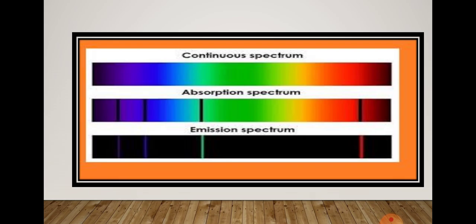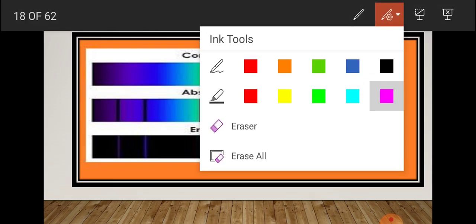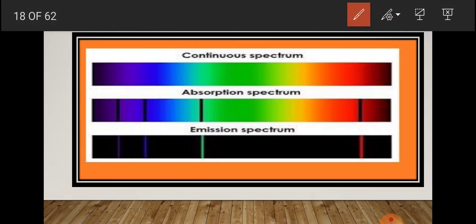If you have to differentiate between emission and absorption spectra, what will be the point? In emission spectra, we can say that it contains bright colored lines which are separated by dark spaces, you can see here.